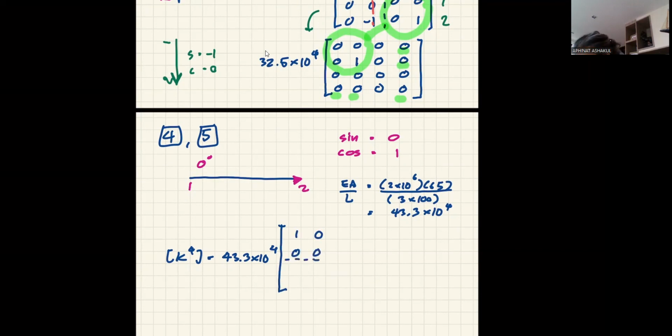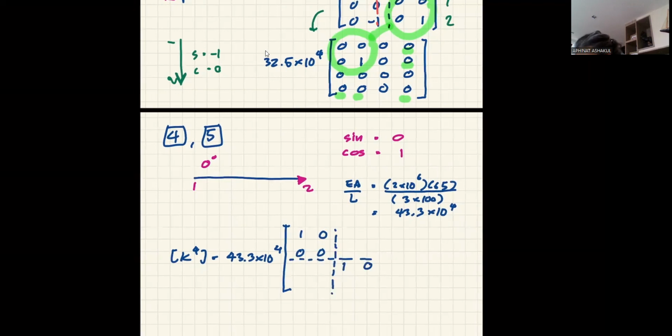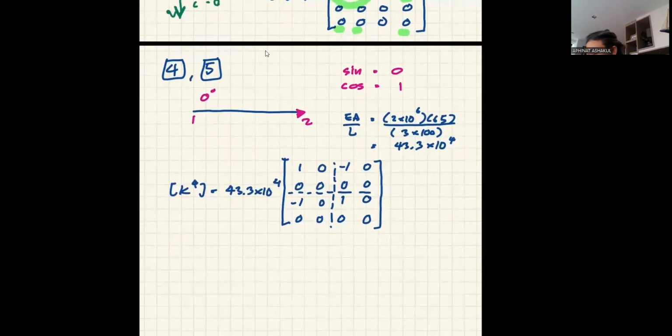Now you know quadrant 1 and 4. 1000. And then the two remaining quadrants, similar number but opposite signs, and becomes -1 0 0 0 -1 0 0 0. Okay, and 4 and 5, they are going to be similar.